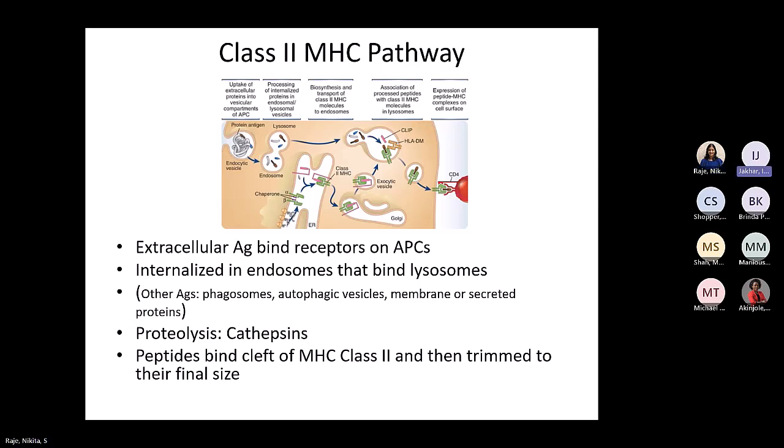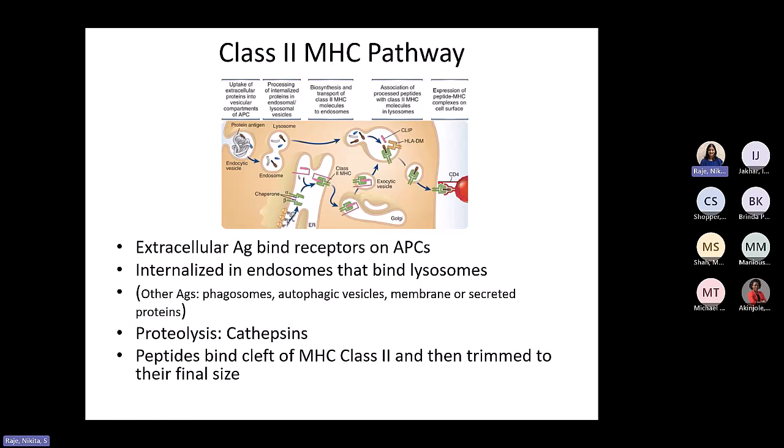Okay, and then CLIP is just floating around in there, finds MHC. It's not the CLIP, it's the invariant chain. The invariant chain is the one that attaches to that cleft in the endoplasmic reticulum, and that helps in transportation as well. The whole invariant chain is there till it gets transported to the endolysosome.